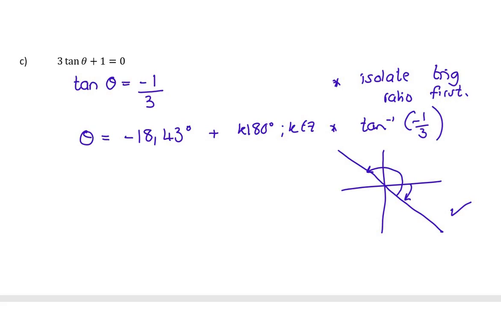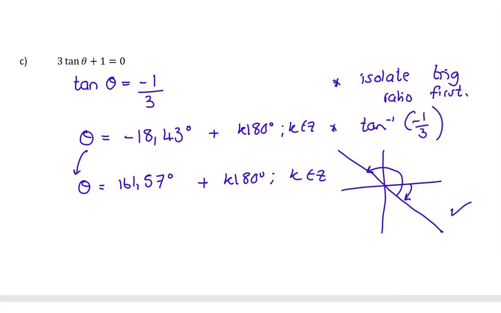If you're marking from a textbook memo or you're marking from an exam memo, often this question, for example, might say theta equals, and it might give you an answer of 161,57 plus K180. K is an element of integers. And then you start to think that you're incorrect because you're like, how did they get that? Just be very careful.